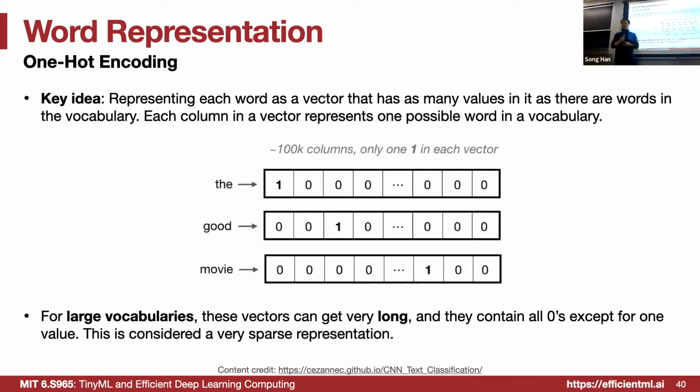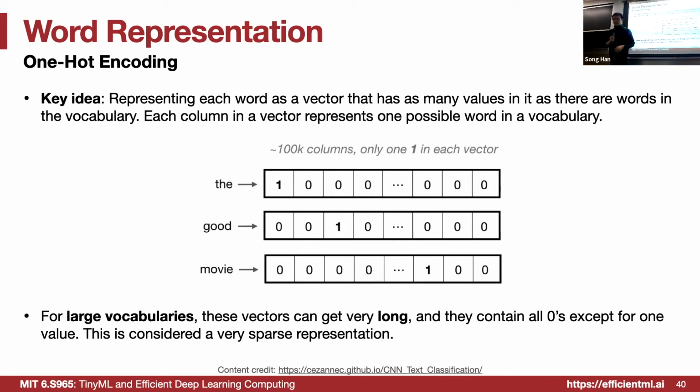A naive implementation is, of course, one-hot encoding. If you have a 10K vocabulary in your dictionary, then we just have one-hot encoding for different words. Like the might be 1000, good might be 001. This is good. This is probably a movie.